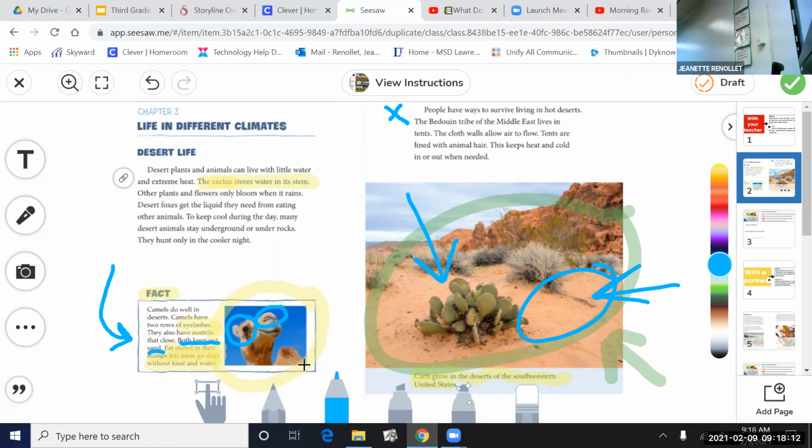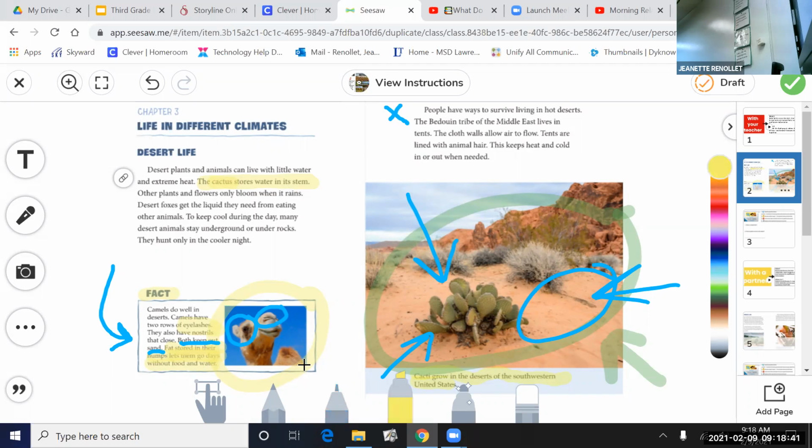Who else found something important? Kellen, what did you find? I found a cactus. You found a cactus. So Kellen, a cactus is a type of plant that can grow in the desert. This is something we're going to write more about today. Yes, Angela. I found some news that people have ways to survive living in hot deserts.